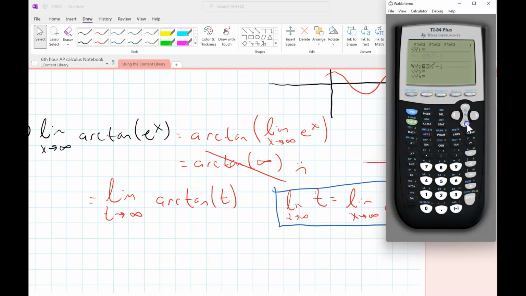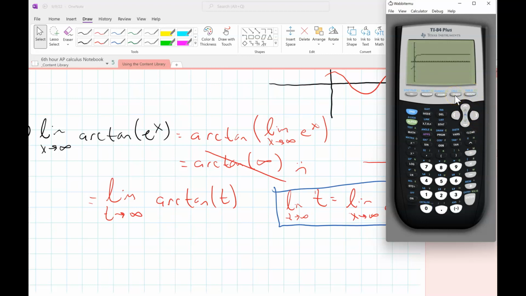I would probably just use the graph to do this. So just tan inverse of x. And if I do my trace and trace along here, that's probably just not wide enough because we have to go to infinity, so let's make that 100 out there.